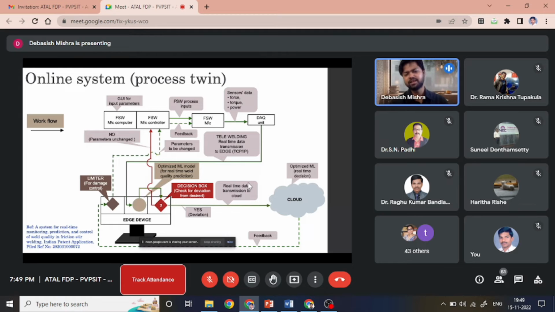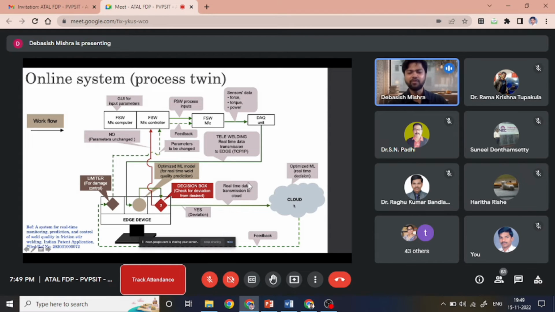This system has been filed as a patent with Tata Consultancy Services on real-time weld quality prediction and control. For this cloud system, we used the Megamara cloud of IIT Kharagpur.